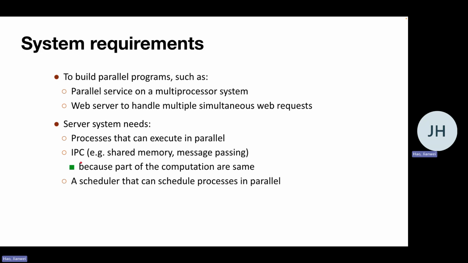It also needs IPC, which we discussed in the first part of this concurrency. For example, we use shared memory and message passing to let the processes communicate with each other during the processing. And we also need a scheduler, which means we need to schedule different processes in parallel.